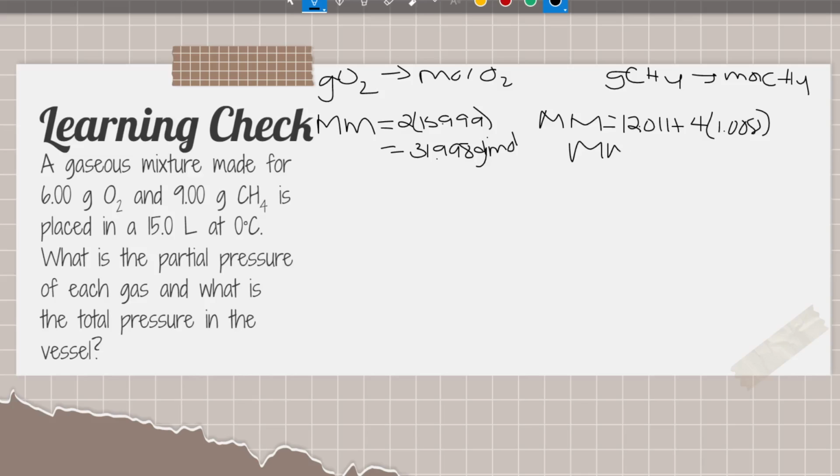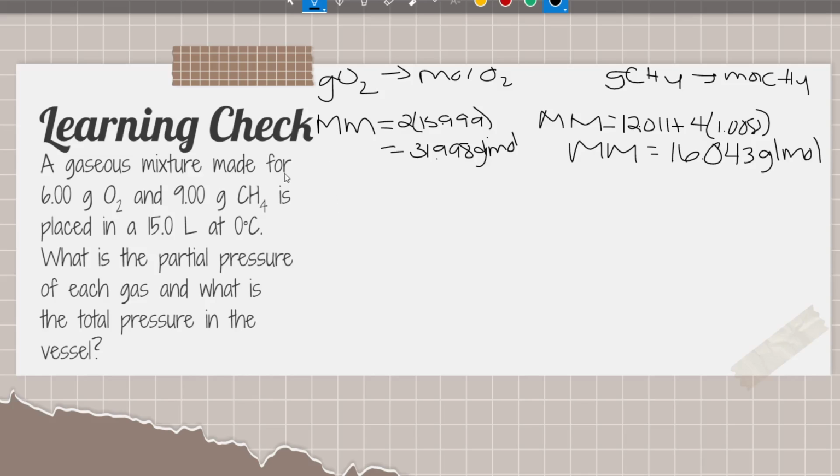So our molar mass is going to equal 16.043 grams per mole.